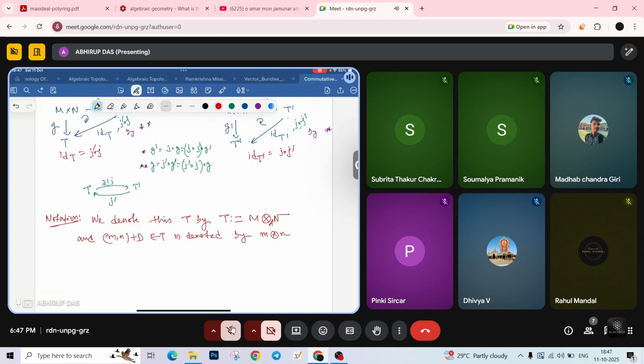So when we are writing elements, it is enough to write just the tensor sign. When we are writing the tensor sign between two modules, it is important to mention the ring the tensor has been taken over. Clear?